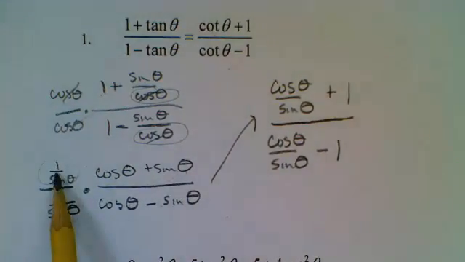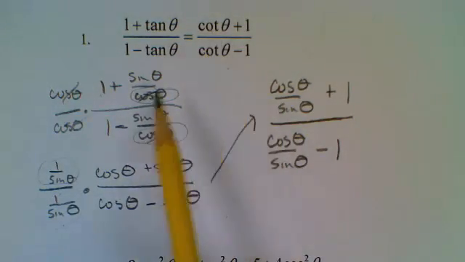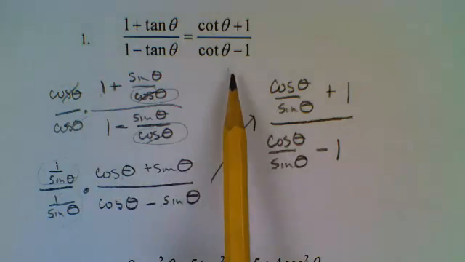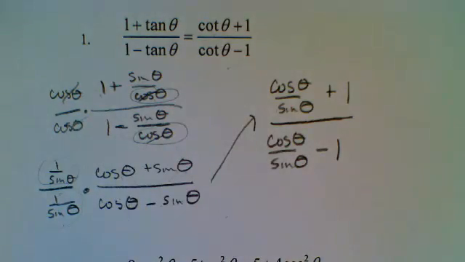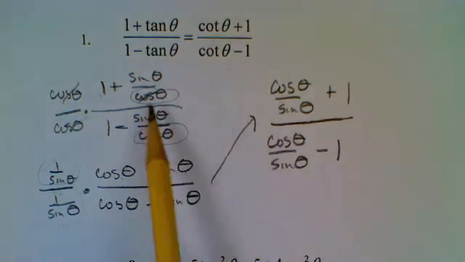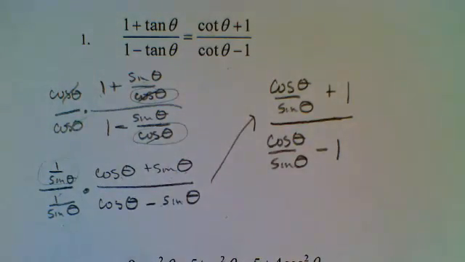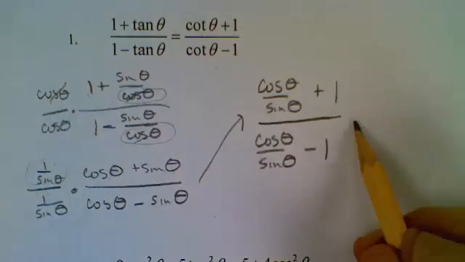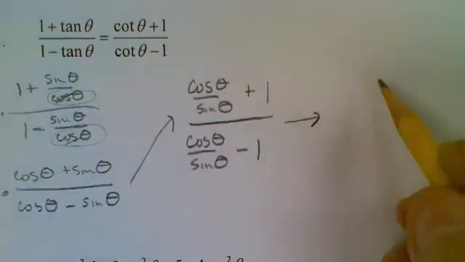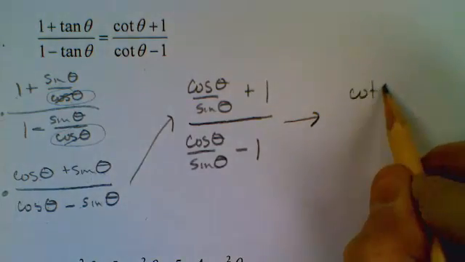And I knew to do that because I did look ahead. I knew what I wanted to get to. And how do I go from cosine to cotangent? I have to divide by the sine. How do I get from sine to 1? I have to divide by sine. So that's when I decided what to multiply by. And then I just need to use my trig to put that in terms of cotangent. So cosine over sine is cotangent.